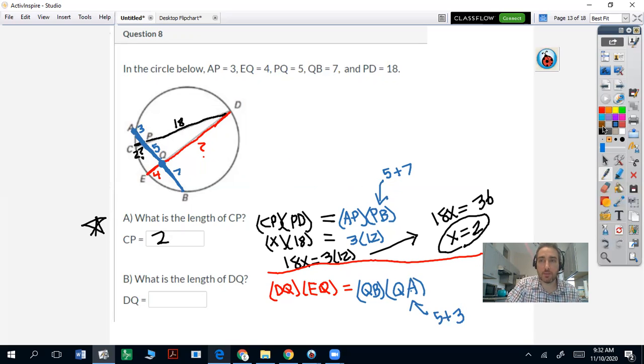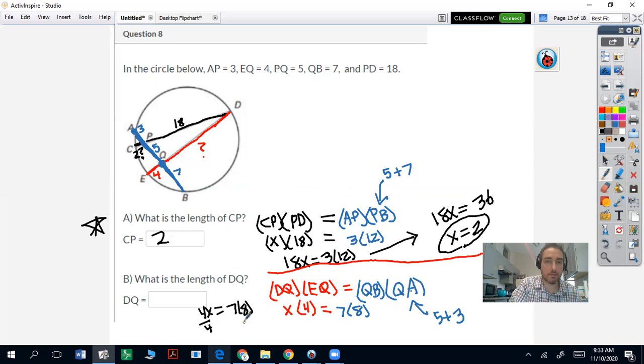So let's set that up. I'll call DQ X, so it's going to be X times 4. And that's going to equal QB is 7, so 7 times 8. QA is 8. So 7 times 8 is equal to 4x. So 4x equals 7 times 8. 7 times 8 is 56.